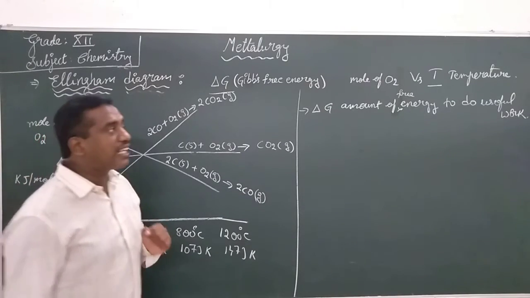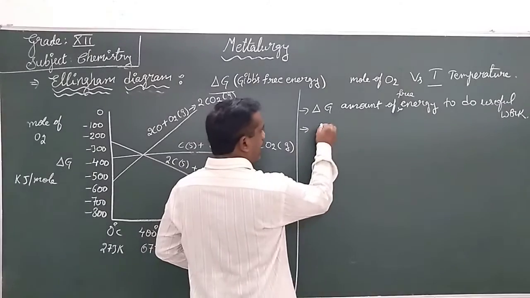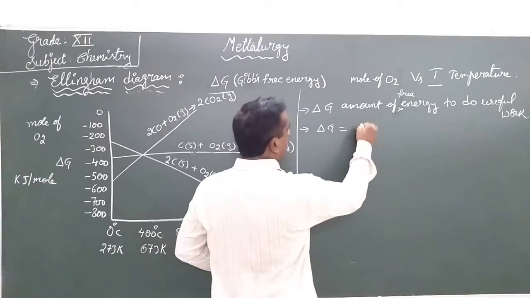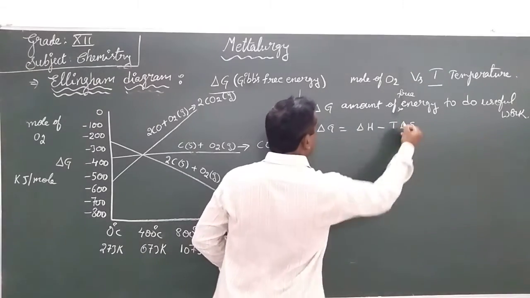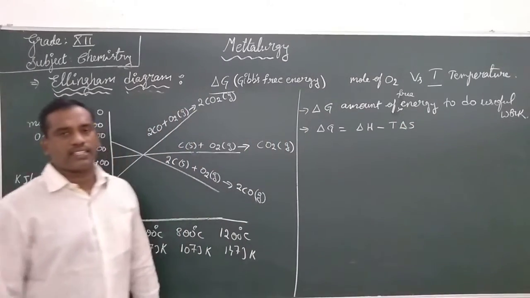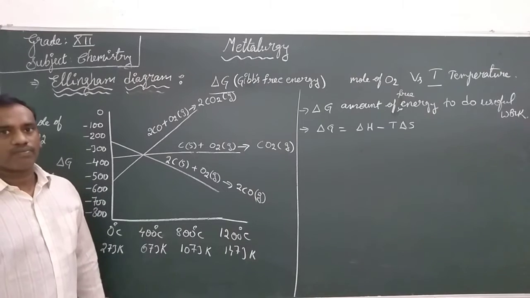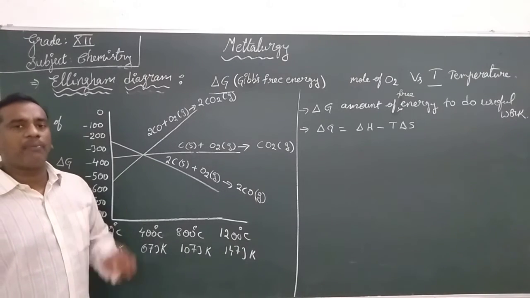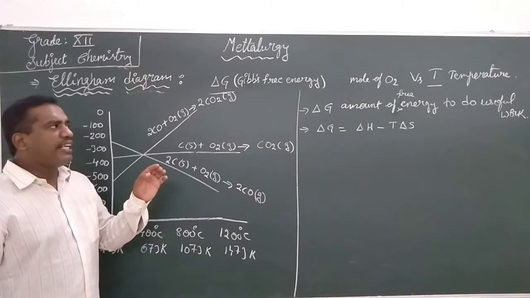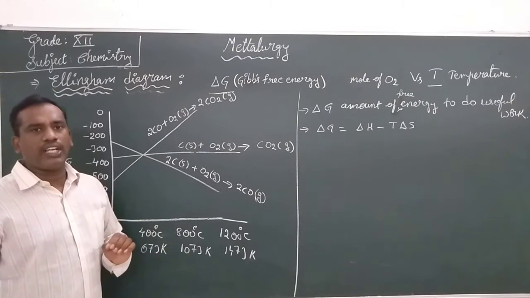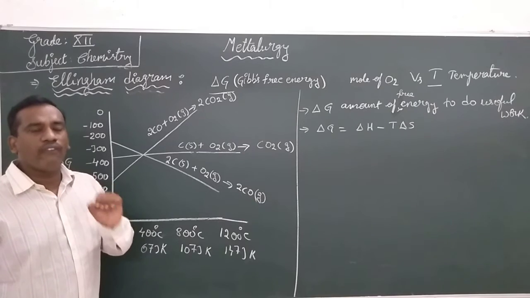We have one equation also from the first year: delta G is equal to delta H minus T delta S. What are these terms? Delta G, we came to know, is the amount of free energy to do useful work.